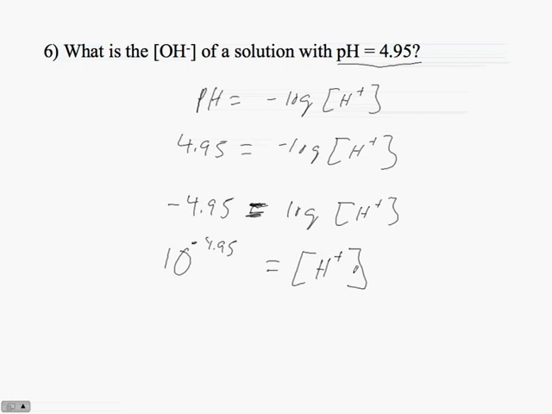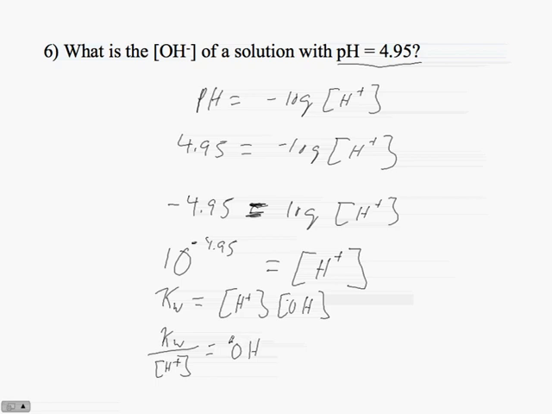Now, knowing that information, we can go back into our equation using our Kw formula, the ionization constant for water. Kw is equal to the hydrogen ion concentration times the hydroxide ion concentration. Solving for OH, we will have Kw divided by H plus is equal to the hydroxide ion concentration.